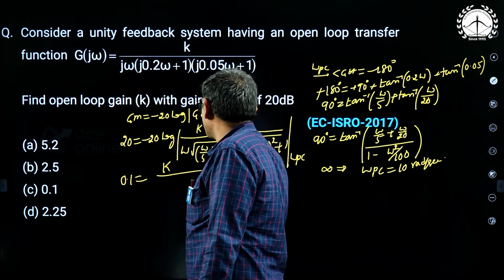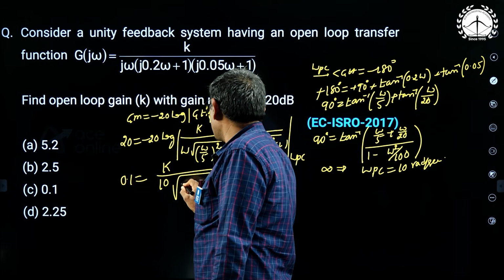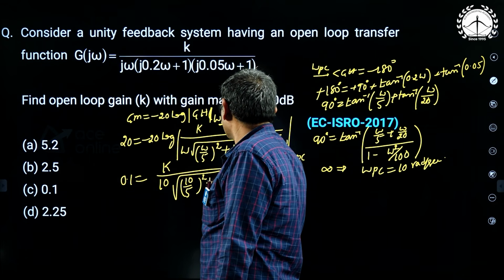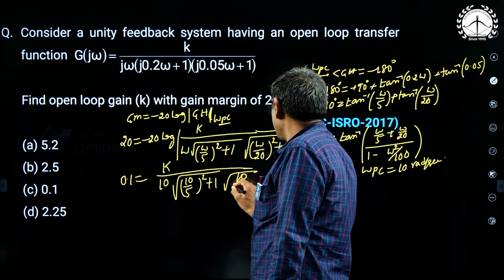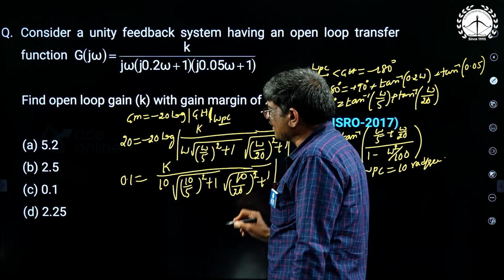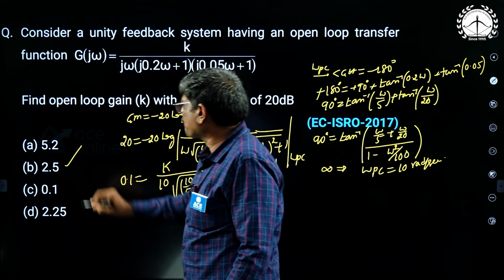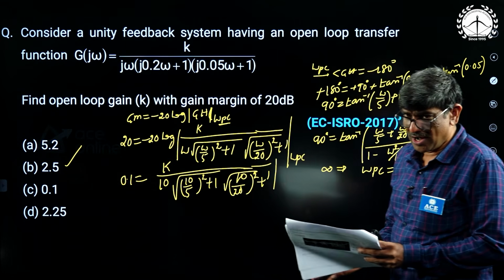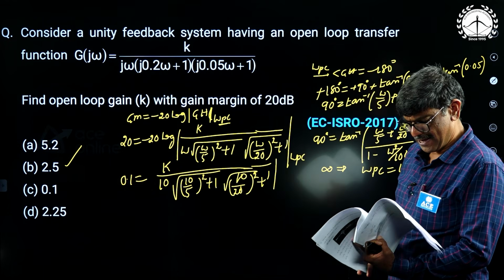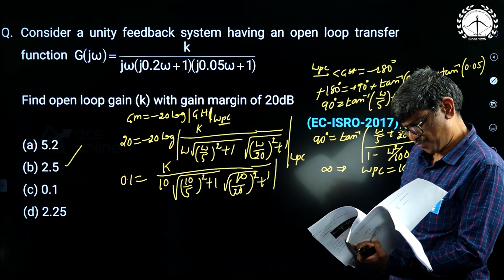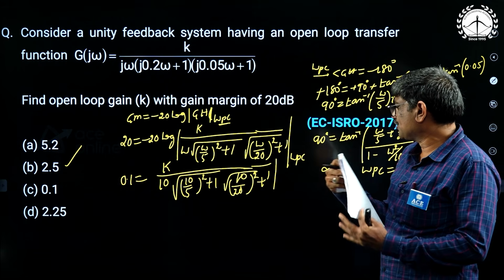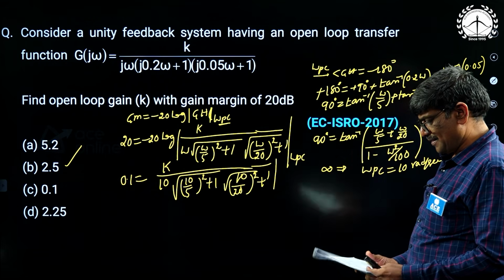K divided by, substituting, 10 times root of ((10 by 5) whole square plus 1) times root of ((10 by 20) whole square plus 1). You solve this equation and you will get K as 2.5. The answer is 2.5. Next.